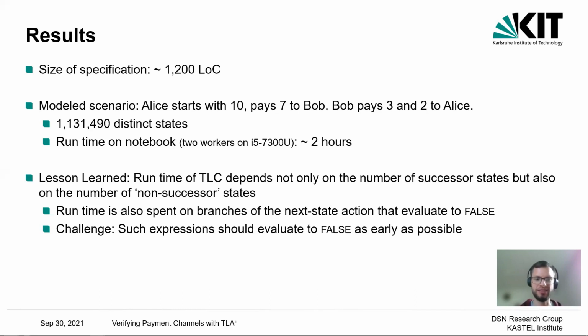And the more runtime is spent on checking those branches that finally evaluate to false, the longer the whole run takes. So one challenge when writing the specification is how to write it in a way that all branches that finally will evaluate to false do so as early as possible. So if you have any input or best practices to approach this problem, I would be happy to receive feedback on this.